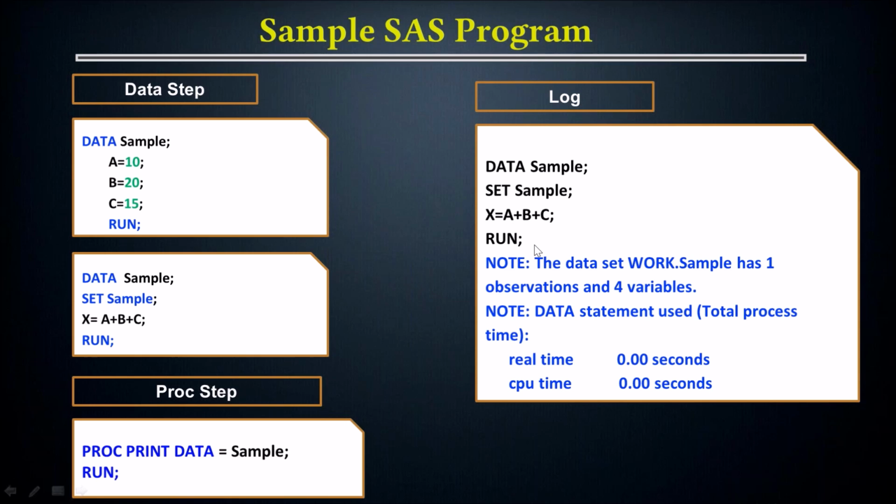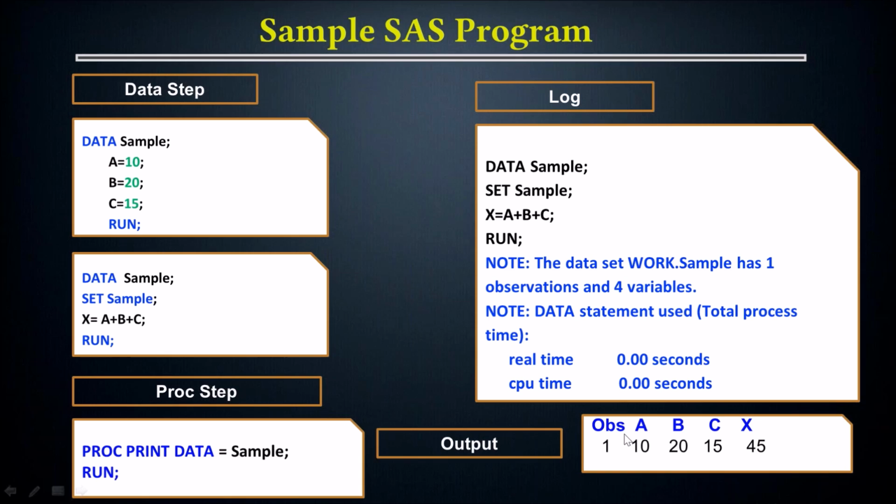These are the codes that will display in black color, and these are the execution details which show in blue color. Once you execute this proc step, the report will appear in the output window like this. So what are the values for A, B and C, and also for X? This is the total value. The same thing, everything will be displayed in the output window.